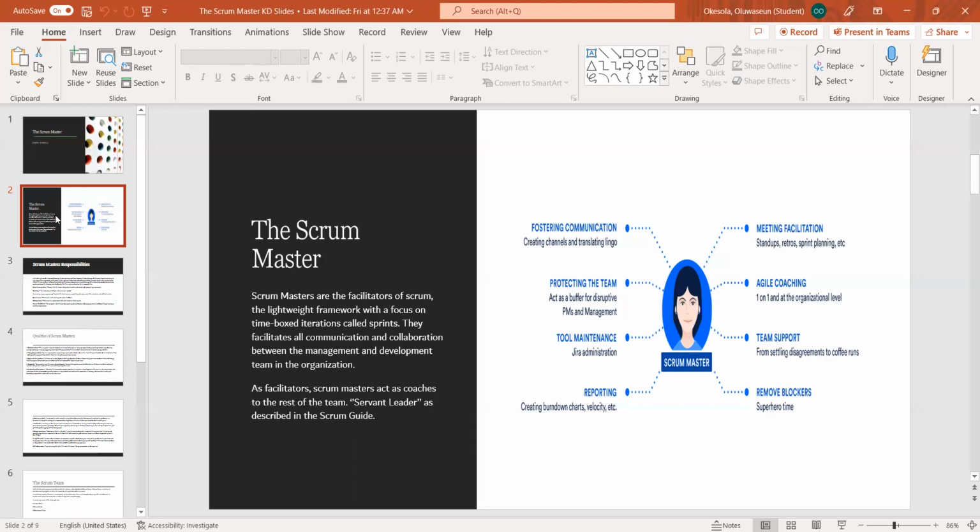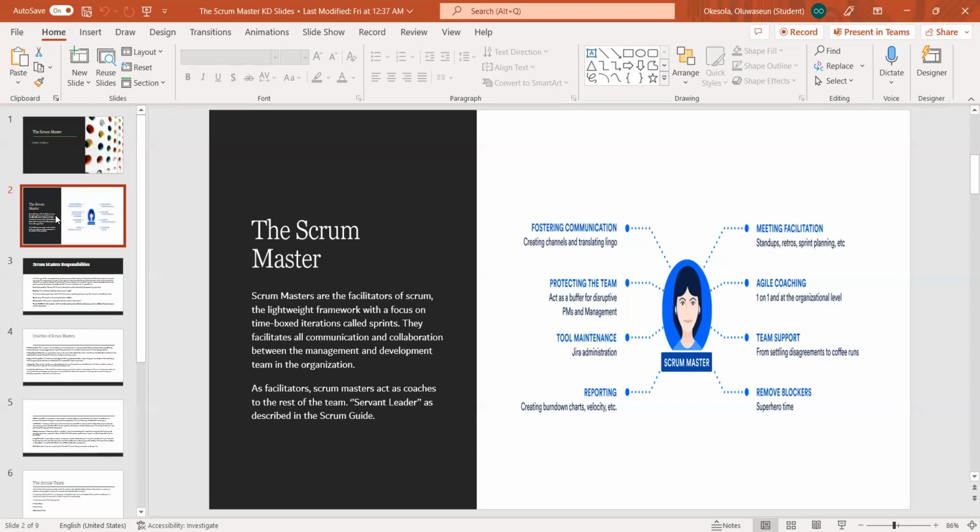And it also protects the team from management and the organization overloading the development team with more than they can do, right?